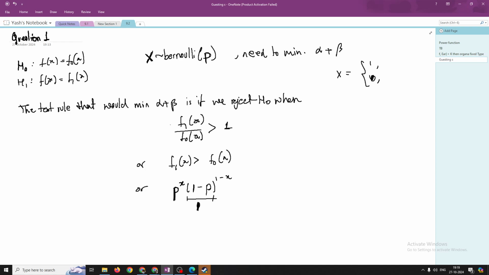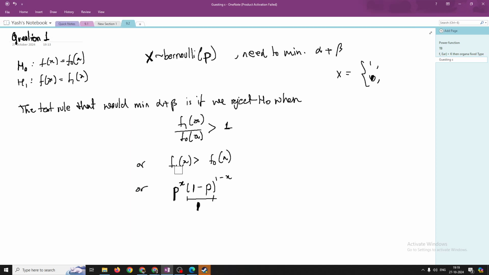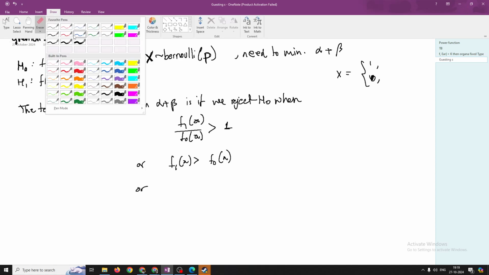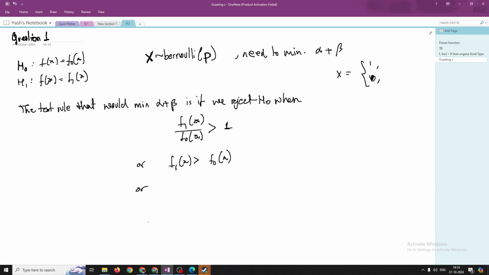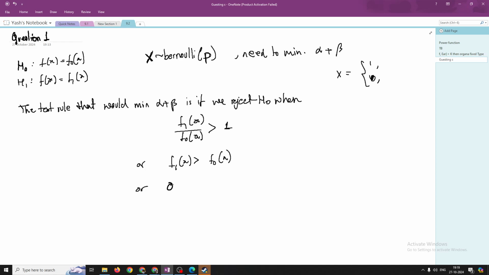Now here we have specified the value of p in f1 and the value of p in f0. So under f1 it was 0.6, right? So this is 0.6 to the power x and 0.4, 1 minus 0.6, to the power 1 minus x.